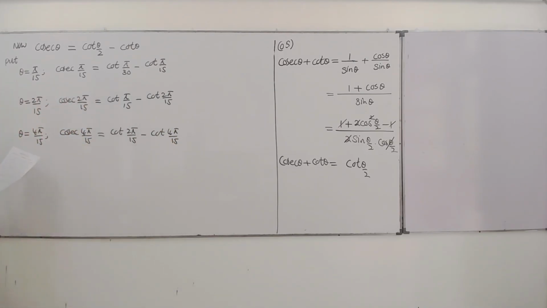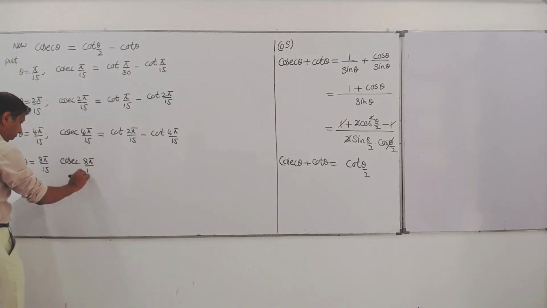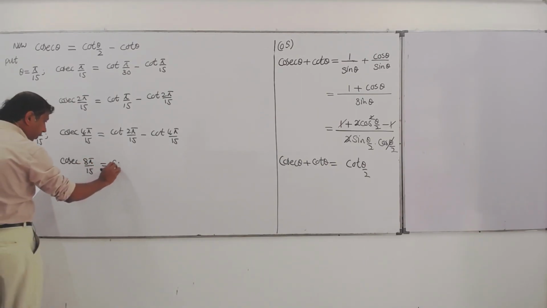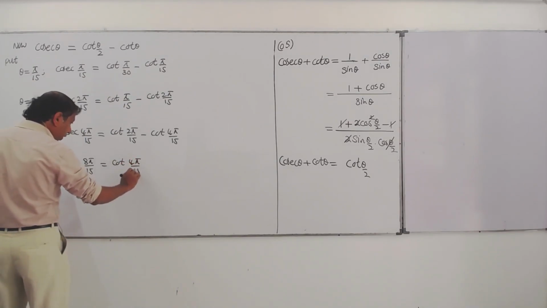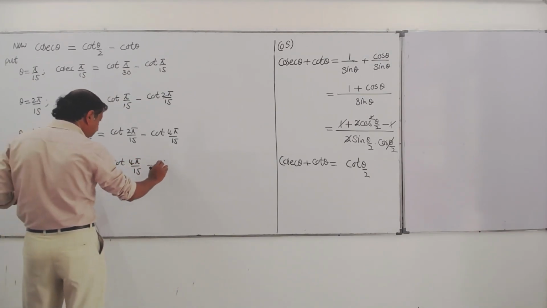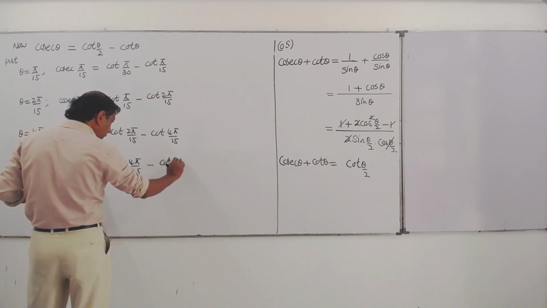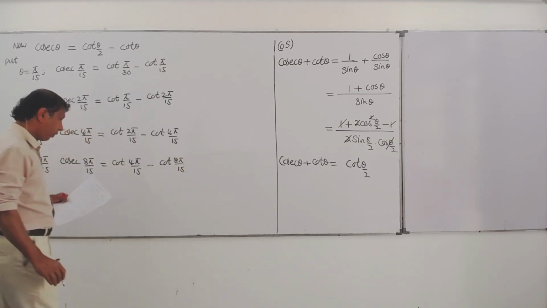Finally, we put for theta 8 pi by 15. Then we get cosec 8 pi by 15 equals cot 4 pi by 15 minus cot 8 pi by 15.